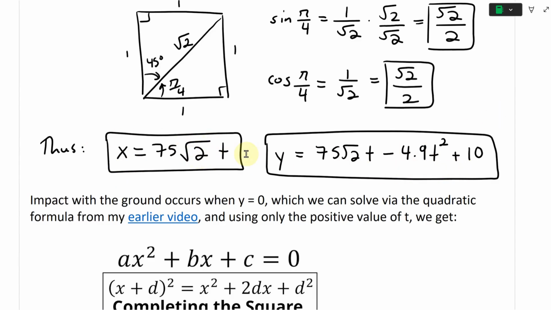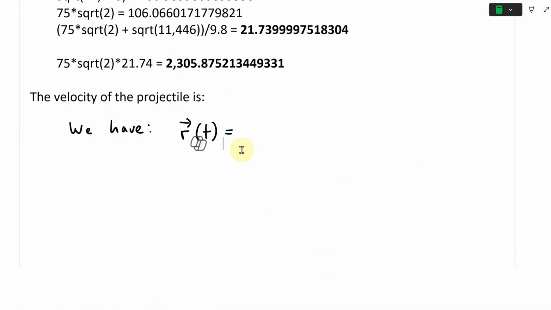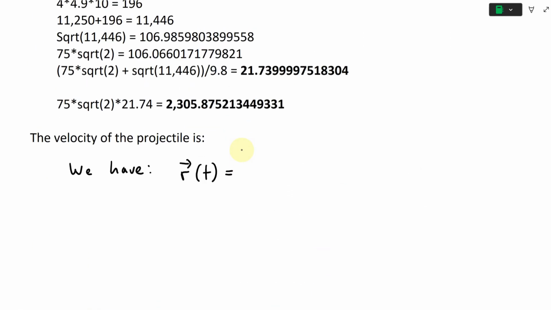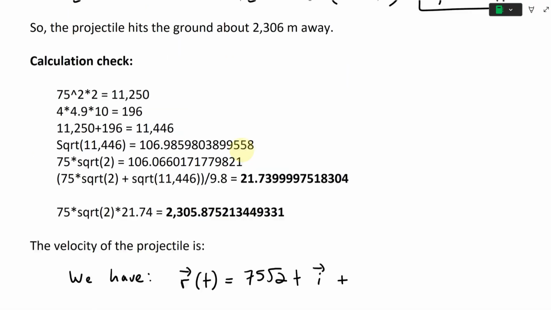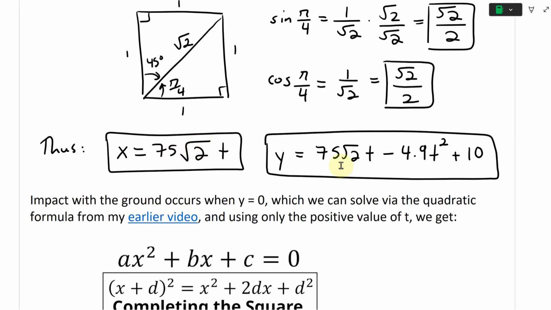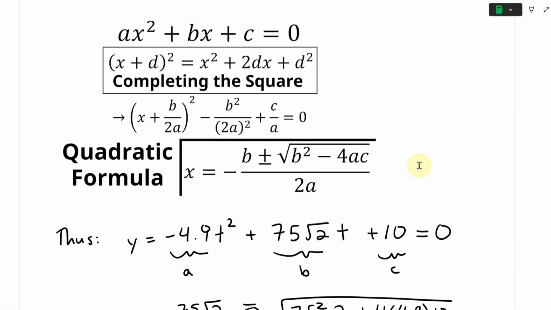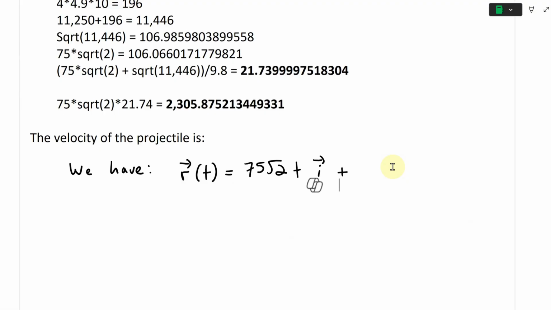So it's going to be 75 square root 2 times t, i. And then plus, the next one is 75 square root 2 t minus 4.9 t squared plus 10, and now we need to put a bracket.